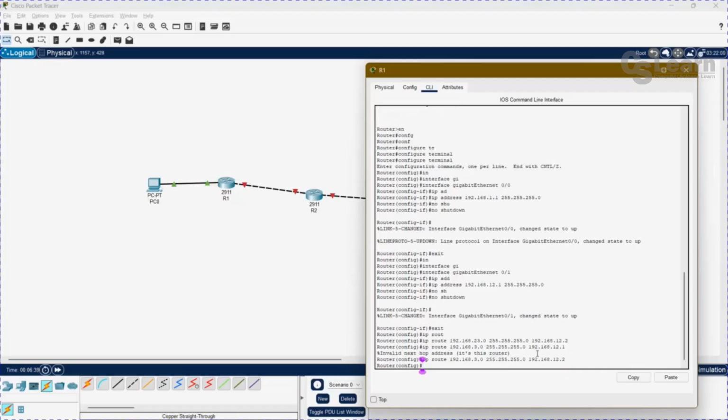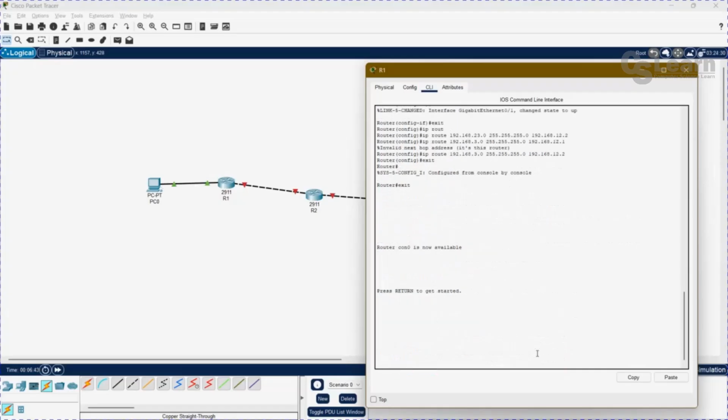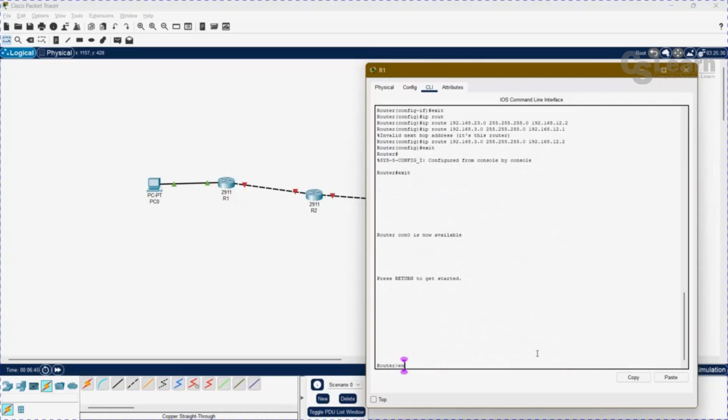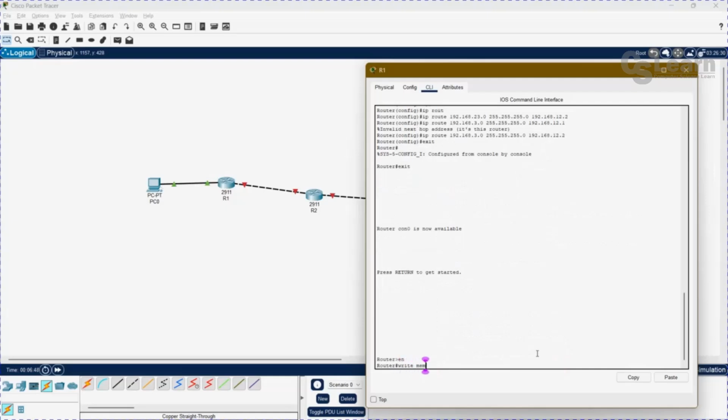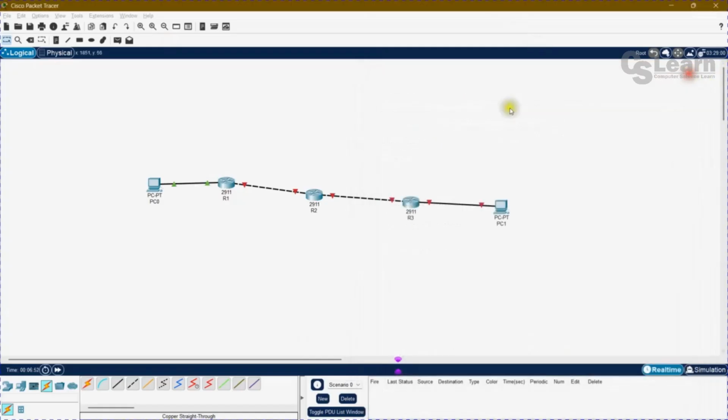Everything is configured. Exit, write memory, that's it. So we configured router 1.